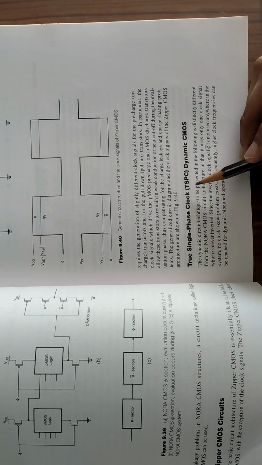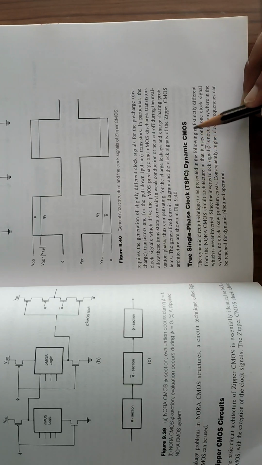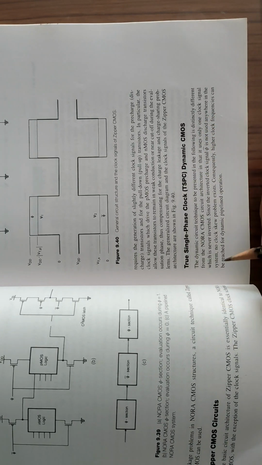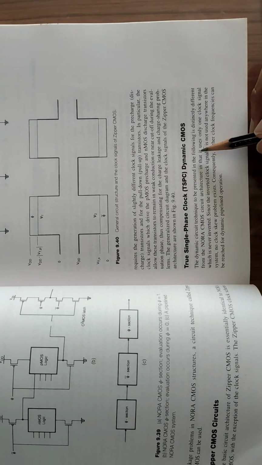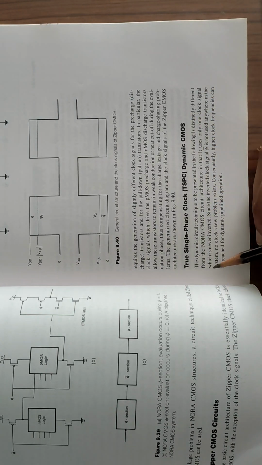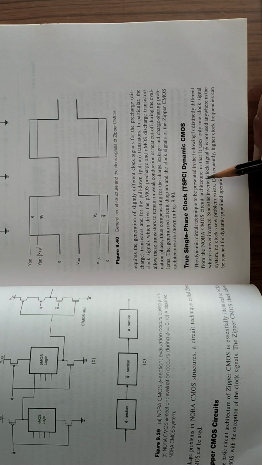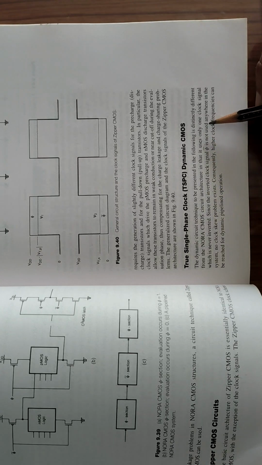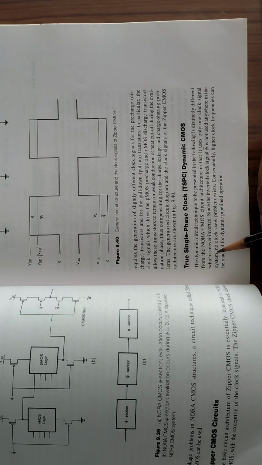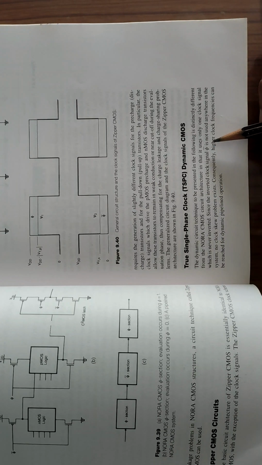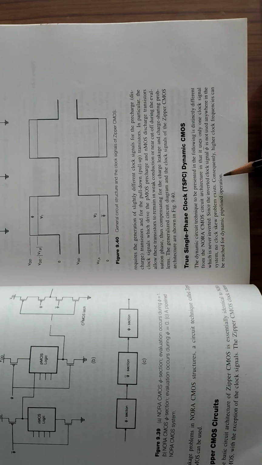True single phase clock, TSPC, dynamic CMOS. The dynamic circuit technique to be presented in the following is distinctly different from the NORA CMOS circuit architecture in that it uses only one clock signal which is never inverted. Since the inverted clock signal phi-bar is not used anywhere in the system, no clock skew problem exists.